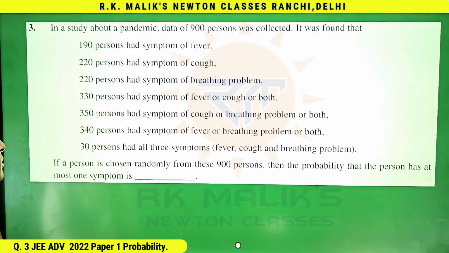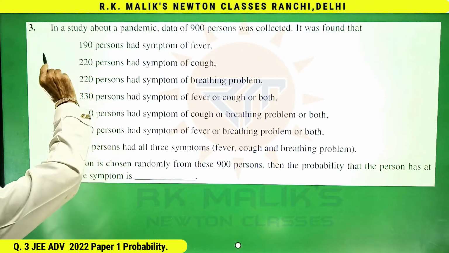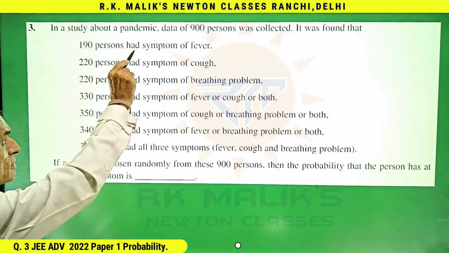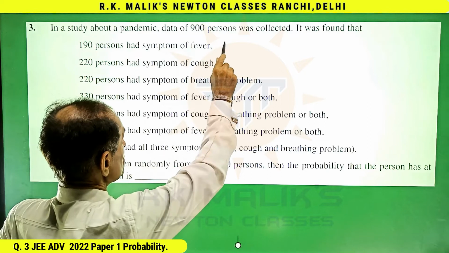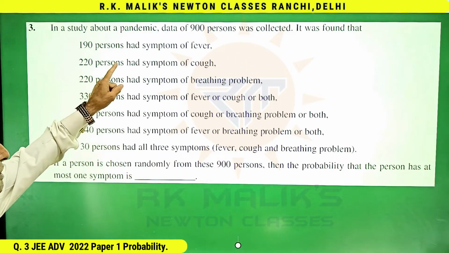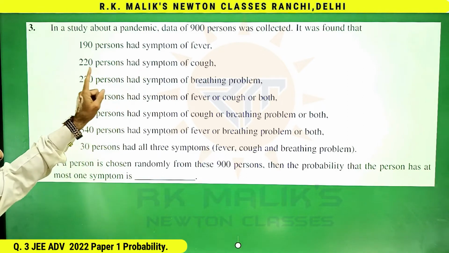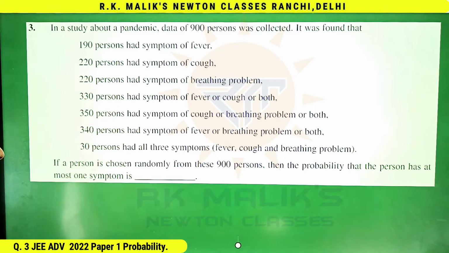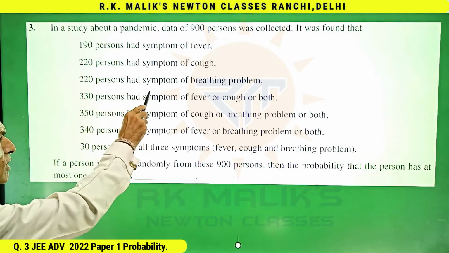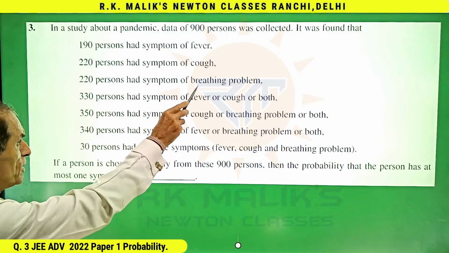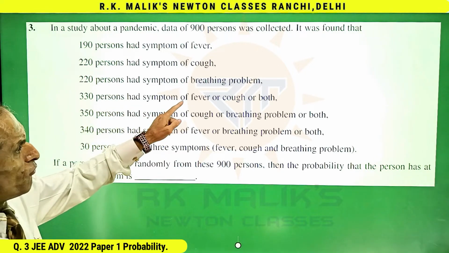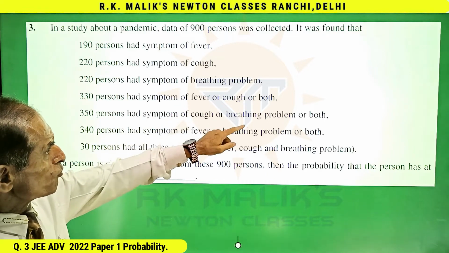In this question it is given that in a study about a pandemic, data of 900 persons was collected. It was found that 190 persons had symptom of fever, 220 persons had symptoms of cough, 220 persons had symptom of breathing problem, 330 had symptom of fever or cough or both.